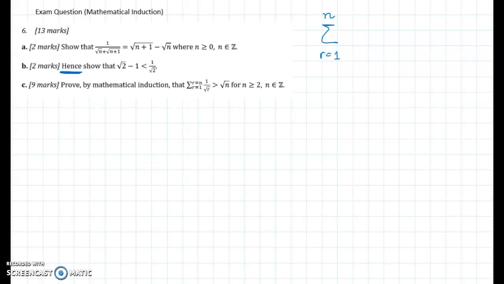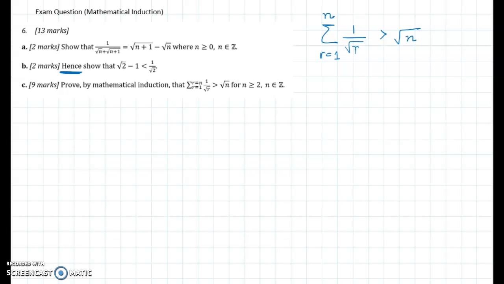Sometimes we use a notation where we just write n on top, and the terms that we are summing are of the form 1 over square root of r. And we want to see that that sum has to be larger than square root of the last number we are summing, so n.